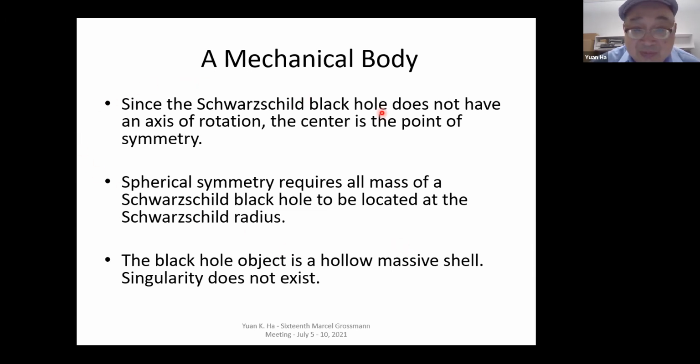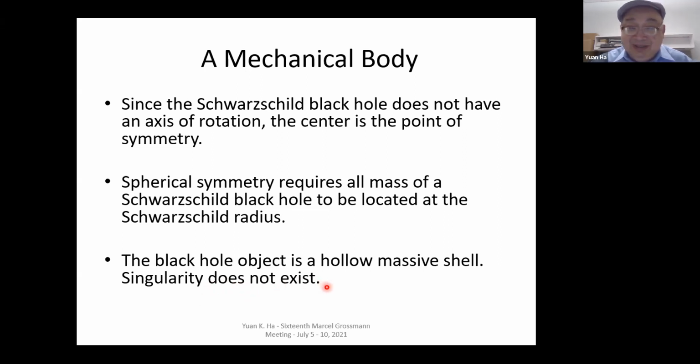Now, since the Schwarzschild black hole does not have an axis of rotation, the center is the point of symmetry. And spherical symmetry requires all mass of a Schwarzschild black hole to be located at the Schwarzschild radius. So the black hole object is a hollow, massive shell, and singularity does not exist.